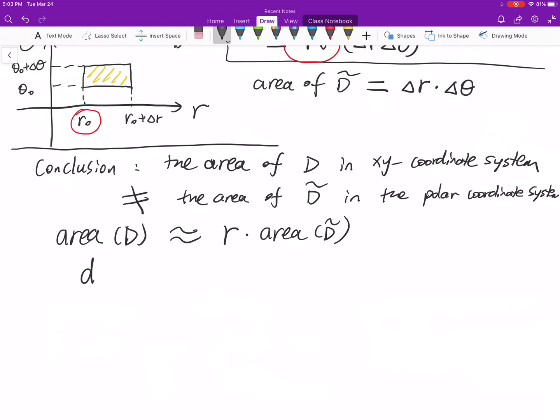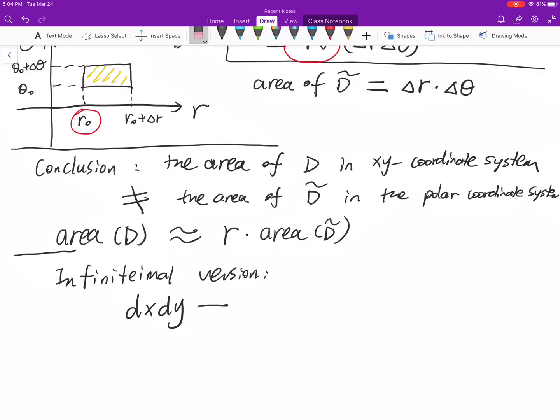So if you take the limit, the infinitesimal version, dx dy equals r dr d theta.